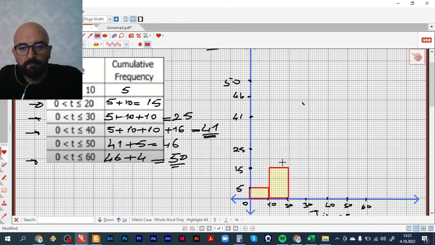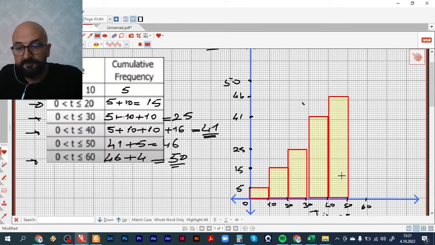The third column is between 20 and 30. The fourth column is between 30 and 40. The other column is between 40 and 50, and the last column is between 50 and 60.